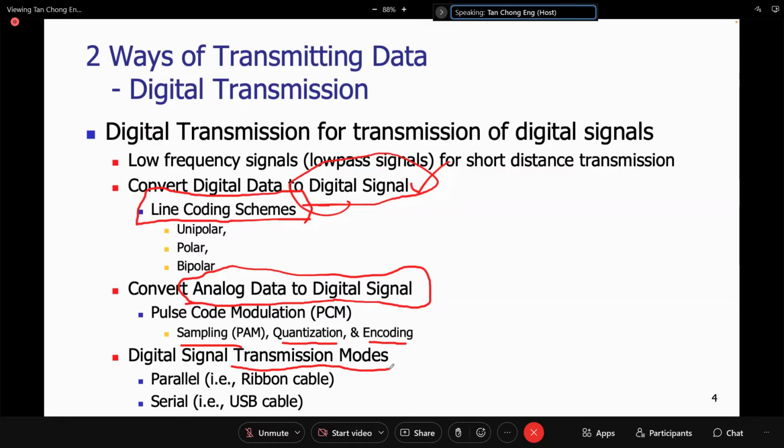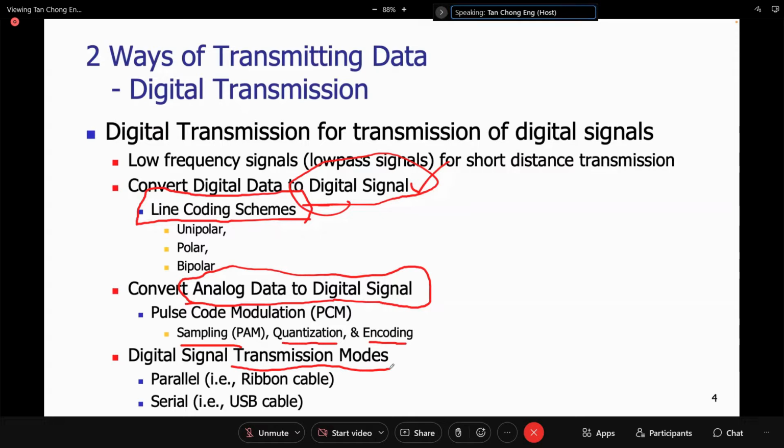So the older version used parallel ATA, but the new one uses serial ATA, which is called SATA. Every time we encounter a word like SATA for hard disk drives, it always refers to the digital signal transmission mode they use, which is serial transmission.